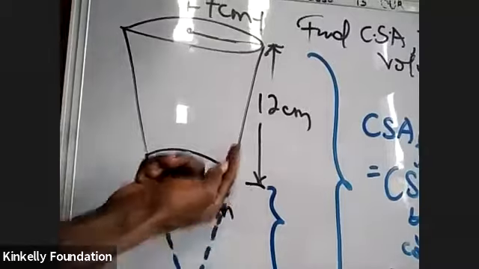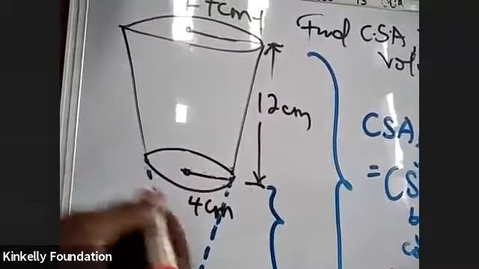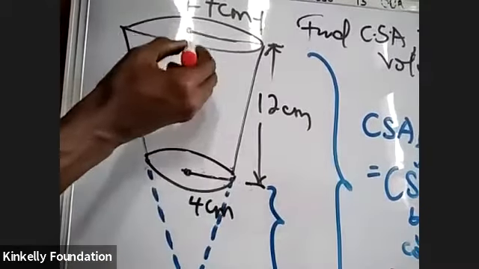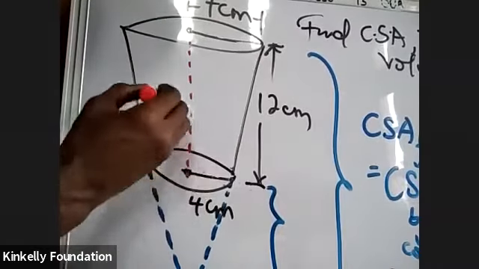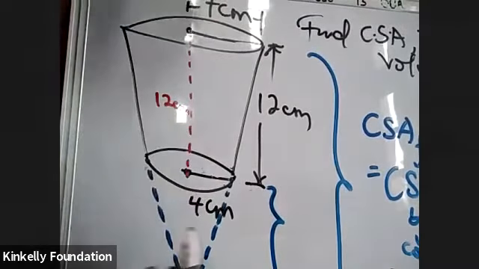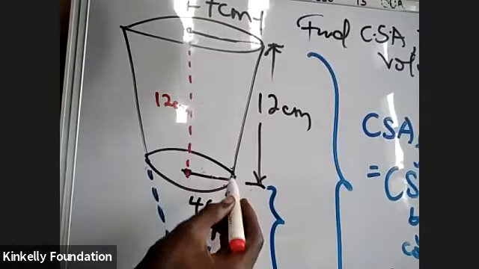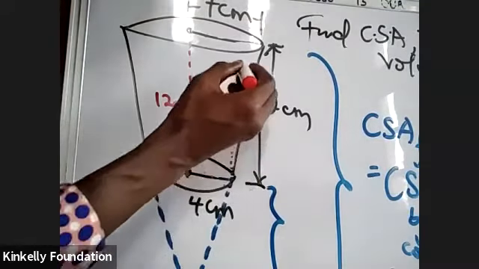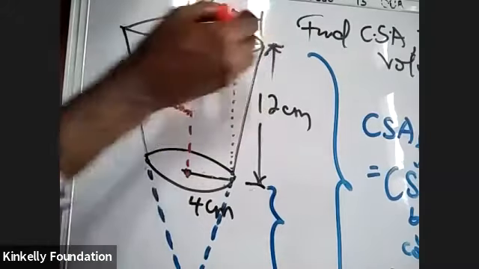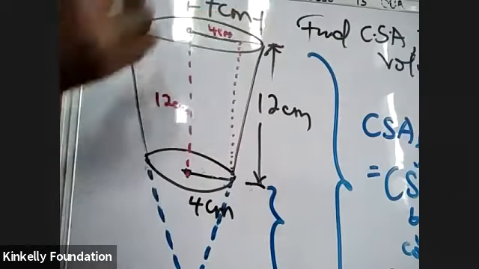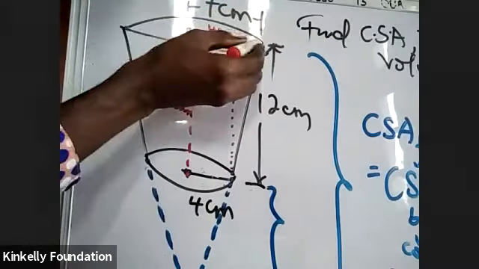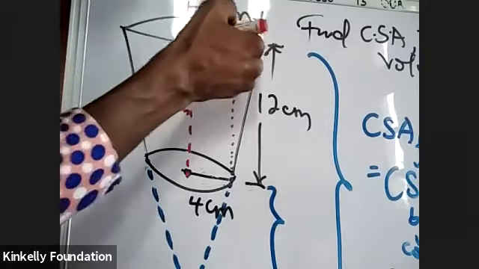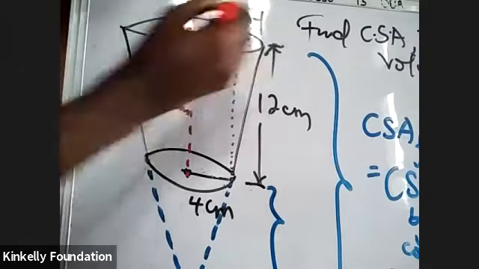I'm going to find the value of this. You know that from here to here is 12 cm. And if this is 4 cm, if you trace it up to this point, here is 4 cm, and from here to here is 7 cm, which means that this small portion is 3 cm.